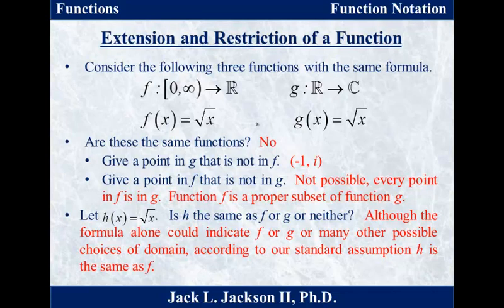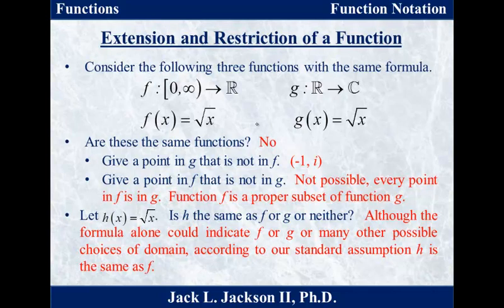So that's not one of our points that's in F. Give a point in F that's not in G, well, that's not possible because every point in F is also in G. Notice that the domain of F is a subset of the domain of G, and of course the codomain in F is likewise a subset of the codomain in G. So remember that functions ultimately are sets of points, so the function f is actually a proper subset of the function g.